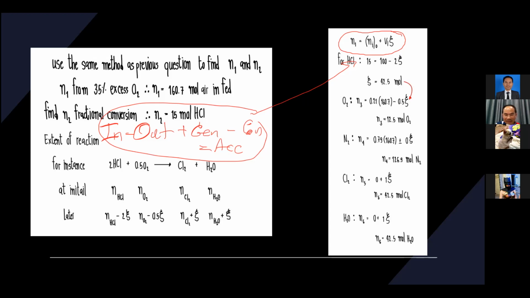For generation and accumulation equal to 0, why is it equal to 0? Then Ni is the output. So V is equal to the mole of the... Okay. What is Ni?